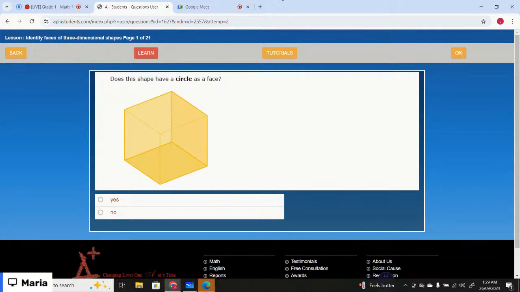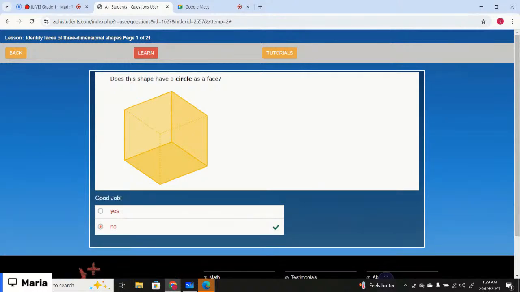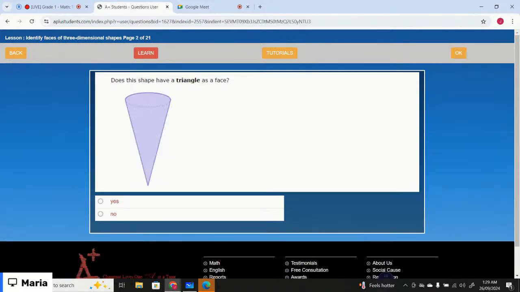Does this shape have a circle as a face? No, the correct option is no. Does this shape have a triangle as a face?